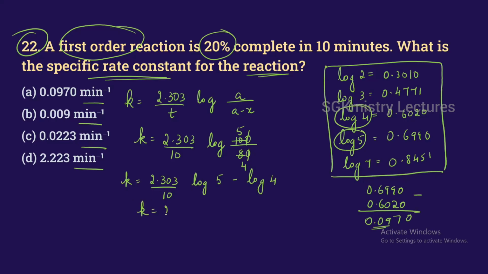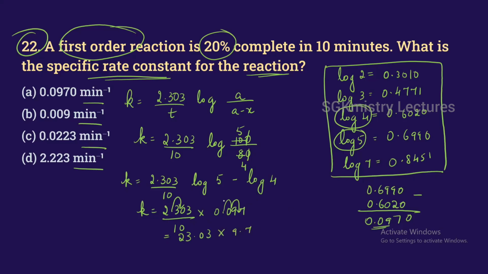So K is equal to 2.303 by 10 into 0.097. Now you can do the simple calculation. Instead of going to these decimals, it is easy to multiply larger numbers. So I shift 1 point here, I shift 2 points here and make it 23.03 into 9.7.